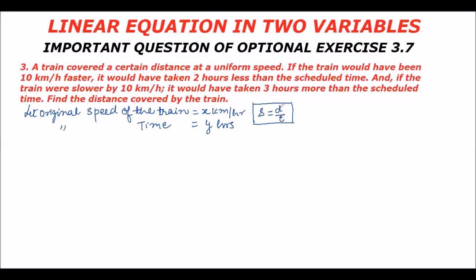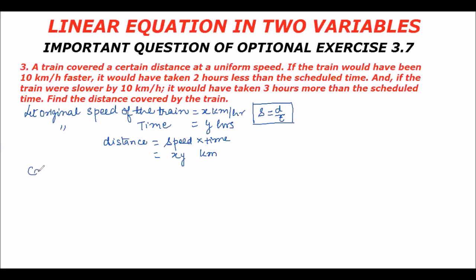Using this formula, distance is equal to speed into time. Now, children, you have assumed speed as x and time as y. So the original distance that the train has traveled is xy kilometer.